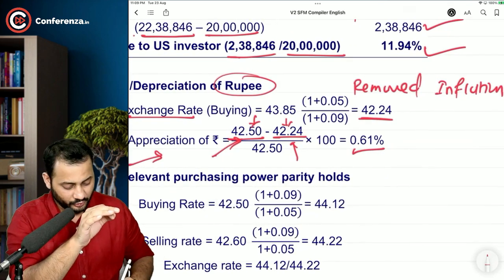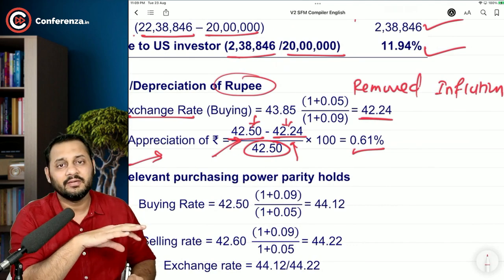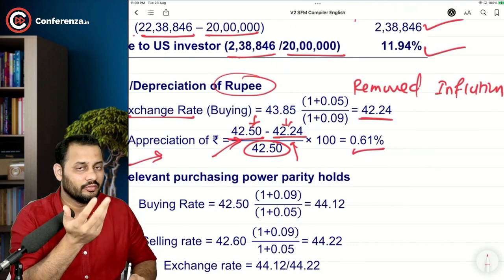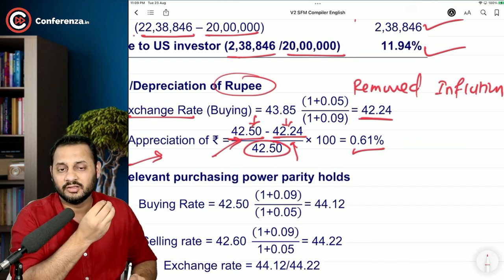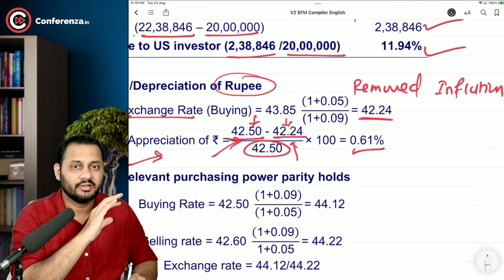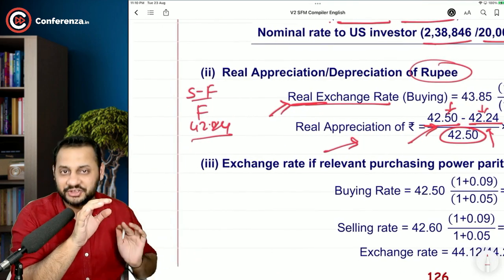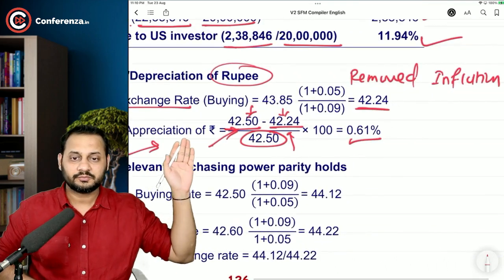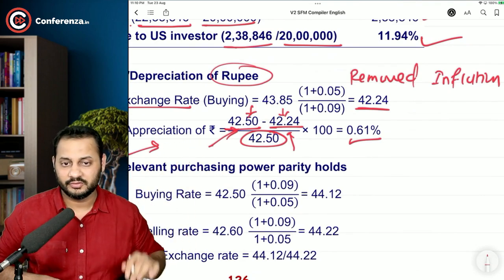So according to me, this is clearly wrong to take 42.50 in the denominator. But I don't know why the institute is not recognizing the real or the correct approach. You can go to internet, you can discuss with anyone. If someone says that this is wrong, I will quit teaching. But for the marks purpose, you need to follow this only, 42.50 in the denominator.